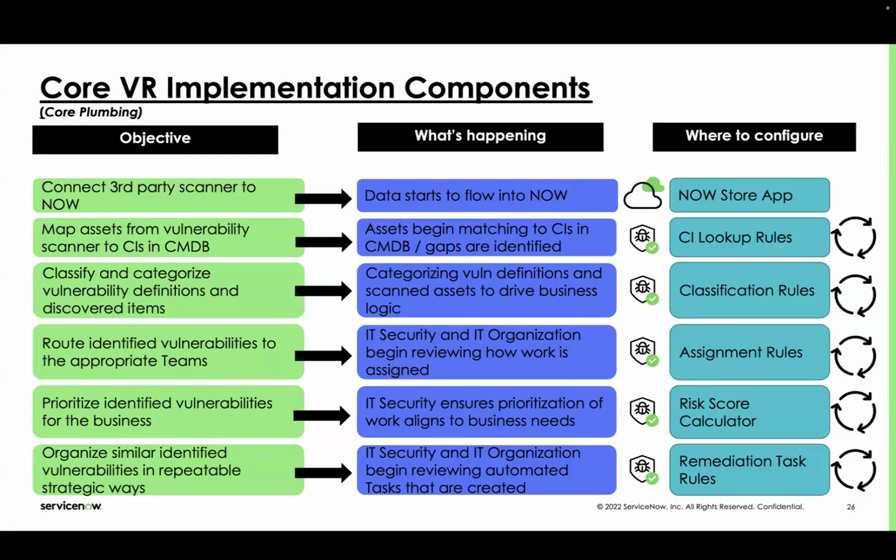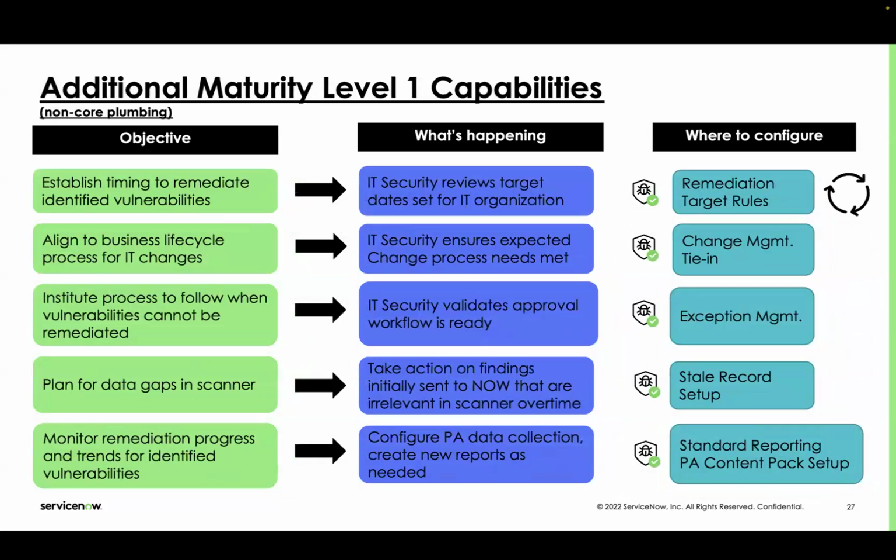And on the next slide, we have where we build on top of this, right? So being able to tie into maybe our change management process. So when we start to think about, I need to apply a patch or make a configuration change, doing that aligned, right, to how the business operates. Instituting an exception management process.